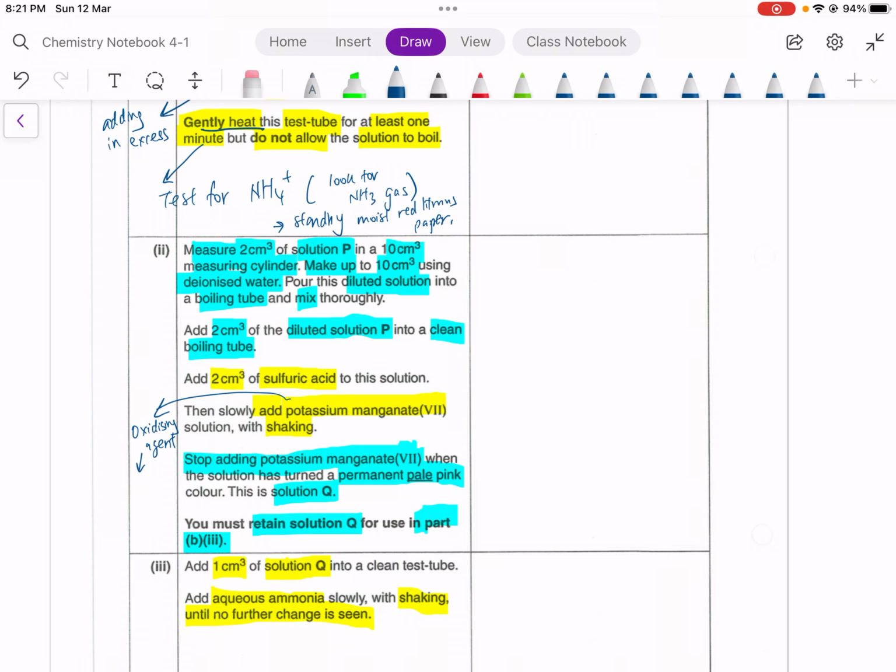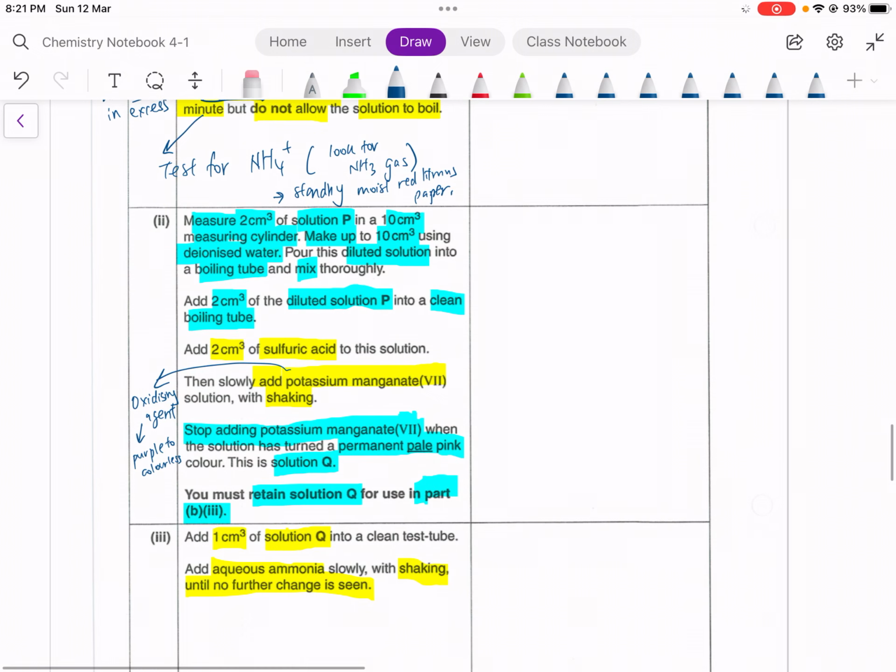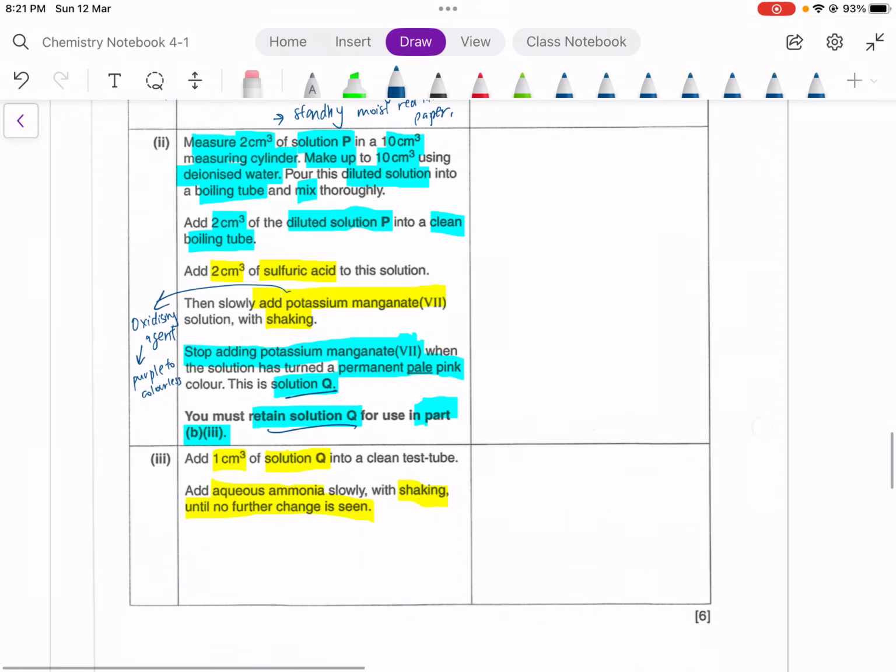If something is being oxidized, the potassium manganate itself will be reduced and will change from purple to colorless. I'll leave it to you to observe. And they ask you to add slowly. Slowly means drop by drop until you see a permanent pale pink color. This is solution Q, and you need to retain it for use in the next part.